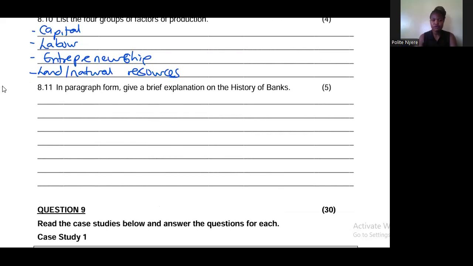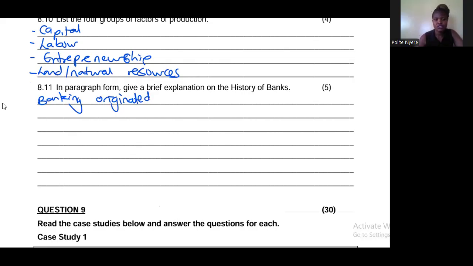In paragraph form, give a brief explanation of the history of banks. So now we want to talk about the history of banks. How did we end up with banks? Where did the banking system start from?